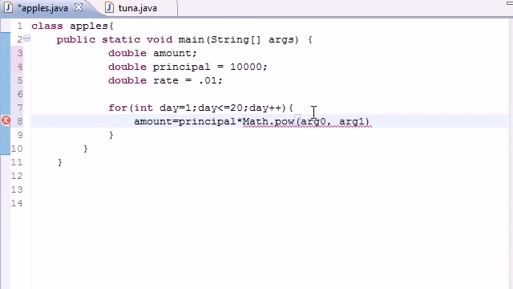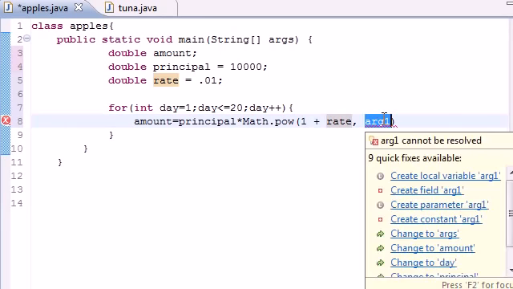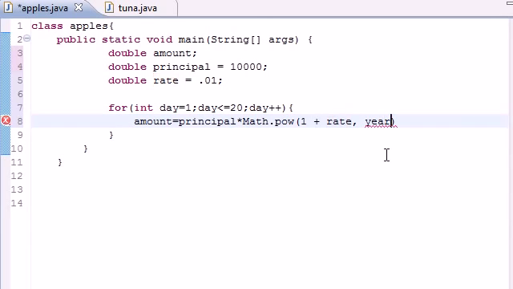The first is 1 plus rate. And what do you want to give the exponent? Year, or let's see what it was, day actually. So now we have amount equals principal, which is 10,000, times 1 plus 0.01 to the day, and that day is going to loop.